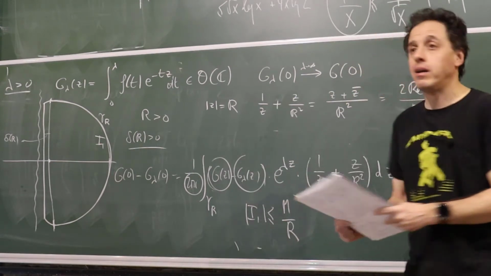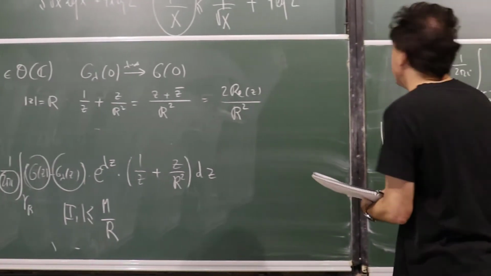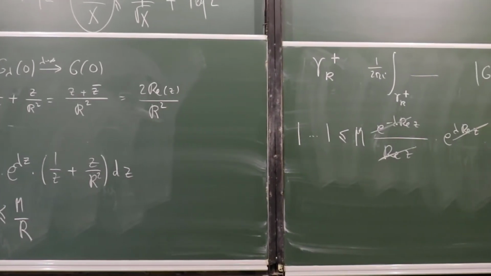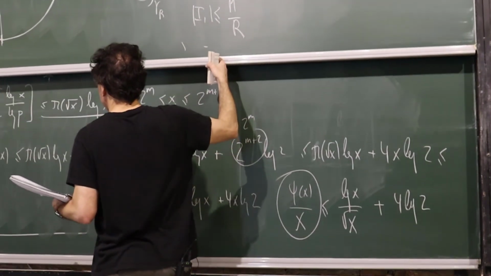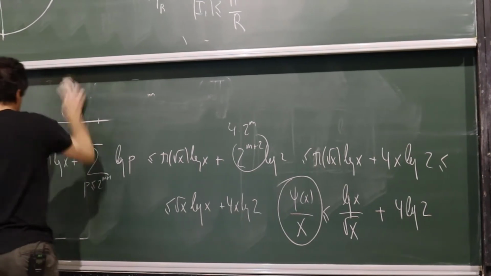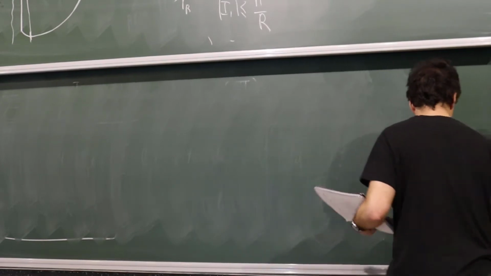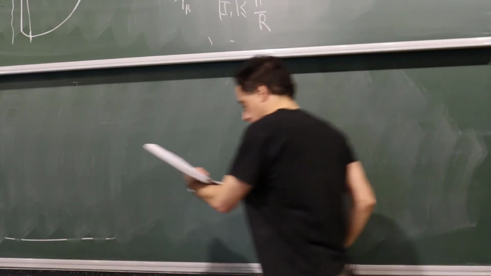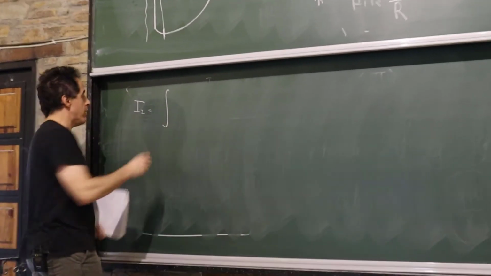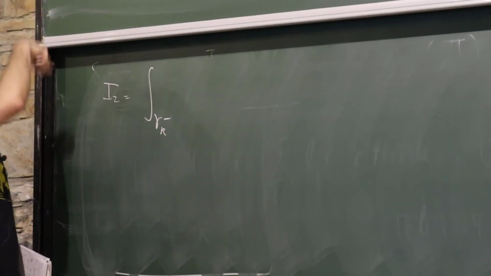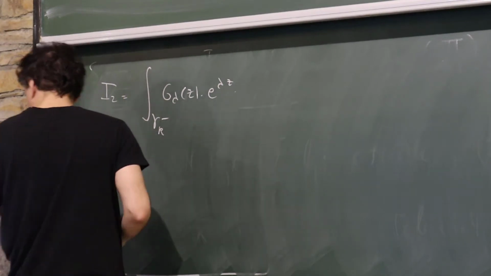The g lambda is easier because let us consider the integral of g lambda, call it I2. So call I2 the integral over the negative part of the path of g lambda of z.